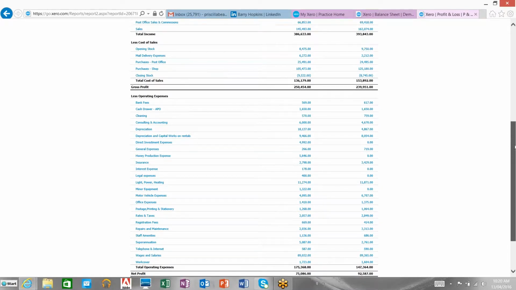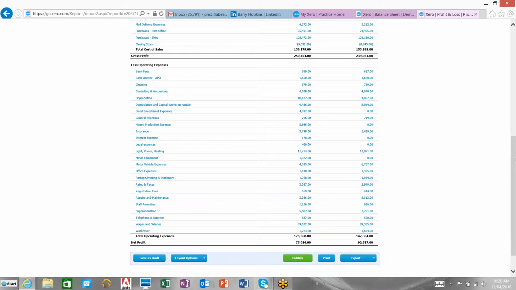Now, to end up with net profit, we have operating expenses. These expenses are necessary to spend while operating the business. And we can see these headings.